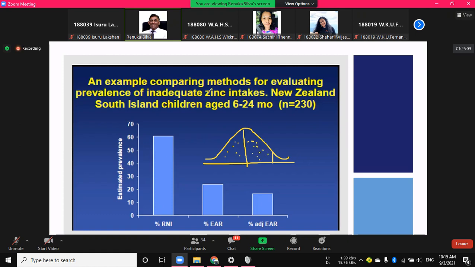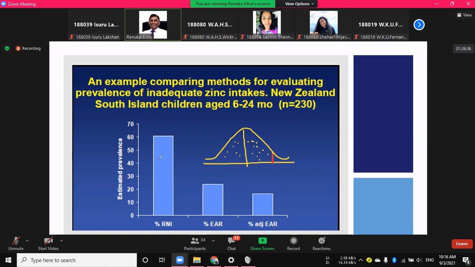But this population is different, and it says reach the RNI. Now in a normal population, 97.5% of the population should get RDA. But in this study, only 60% got RDA.